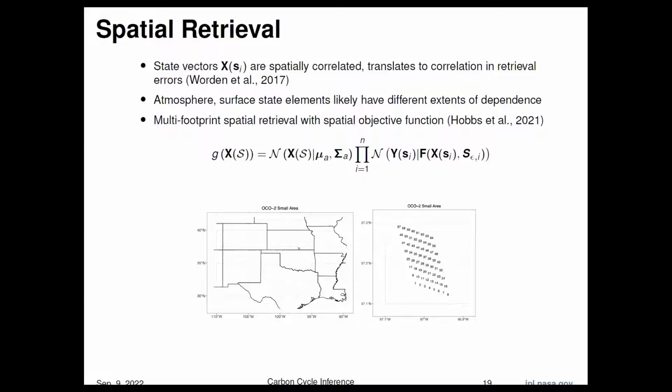We could potentially apply this to a small area of a single orbit for OCO2 that looks like this. That's the approach we took: to look at the level 1 to level 2 problem jointly over a spatial region.